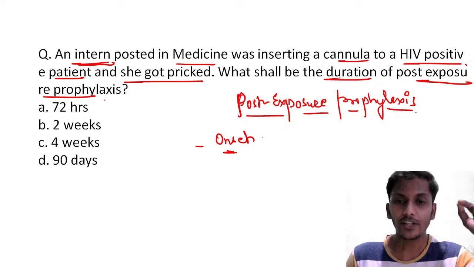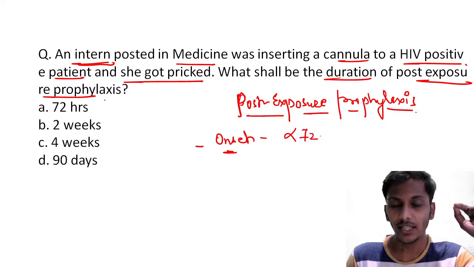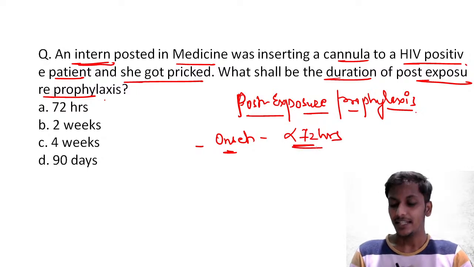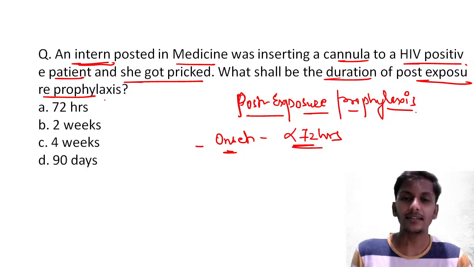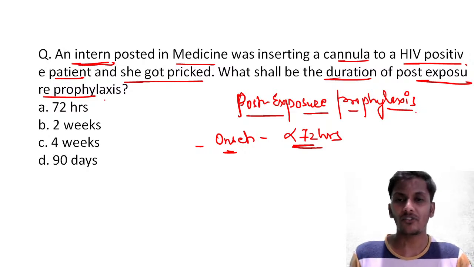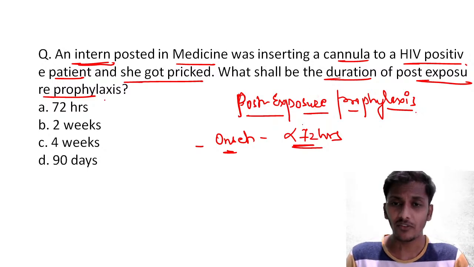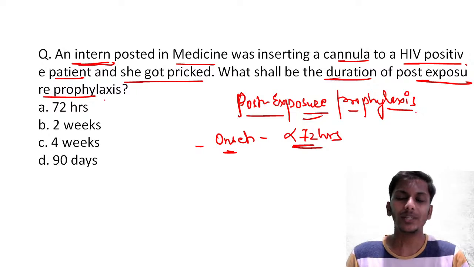Starting of the post-exposure prophylaxis should be within 72 hours. That is, the best answer for onset would be as soon as possible. But if a cutoff is asked, then it should be less than 72 hours. It is most effective within 72 hours.